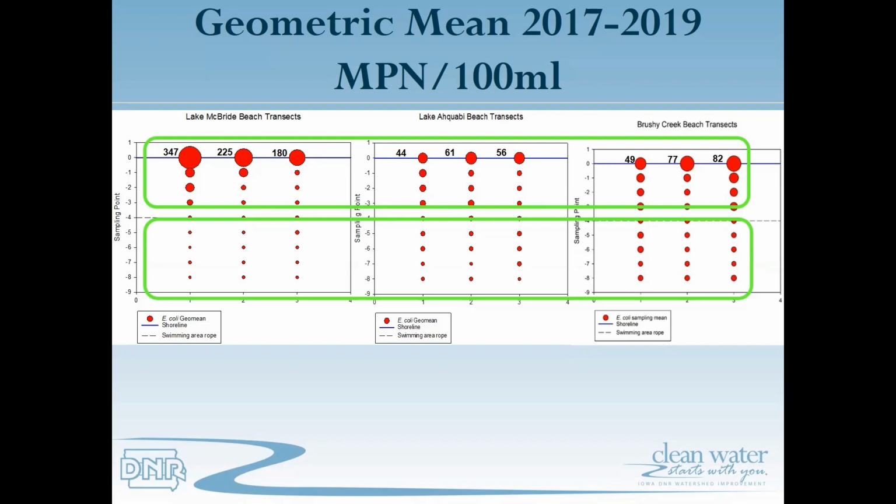Because if you remember back to the slides that I showed of the open lake areas where we had the alternate transects, we were sampling at ankle deep, knee deep, waist, chest deep, along a shoreline that didn't contain sand and a swimming beach environment. And we did not see this trend. We did not see these elevated levels of bacteria on any of them.